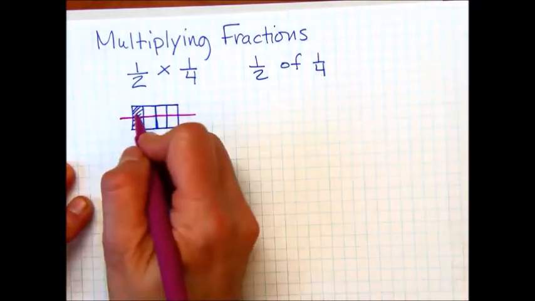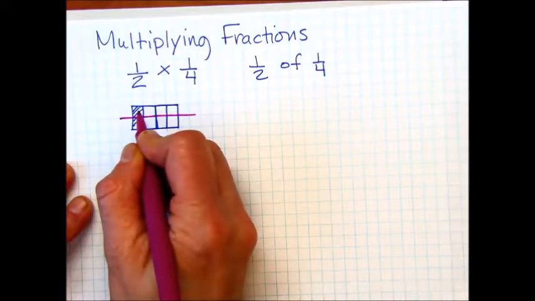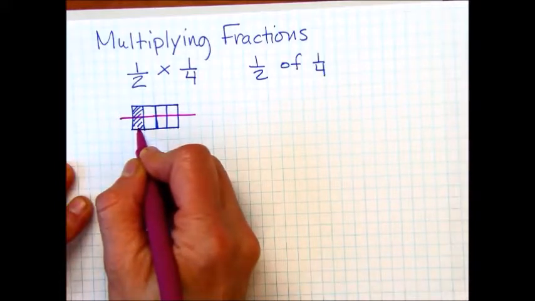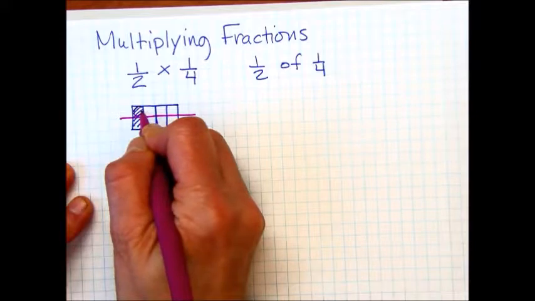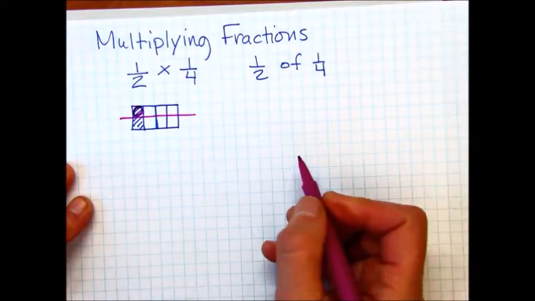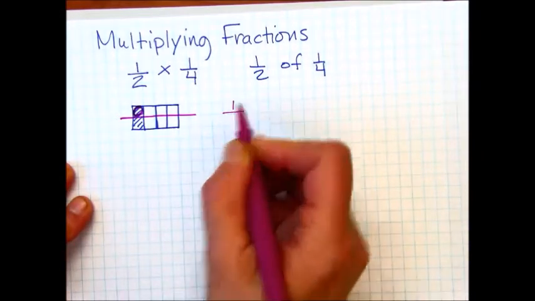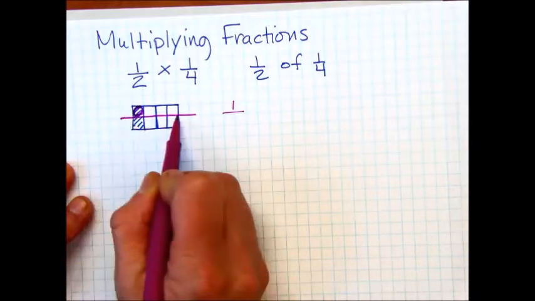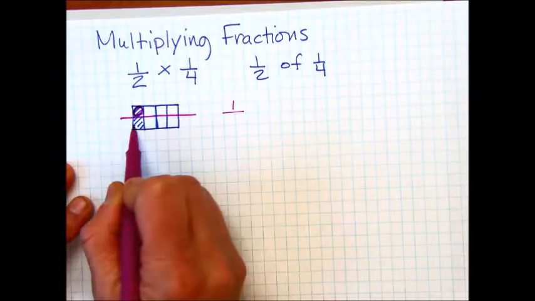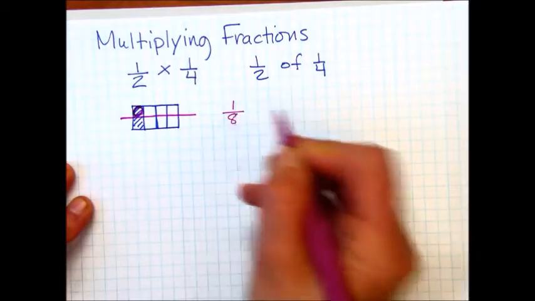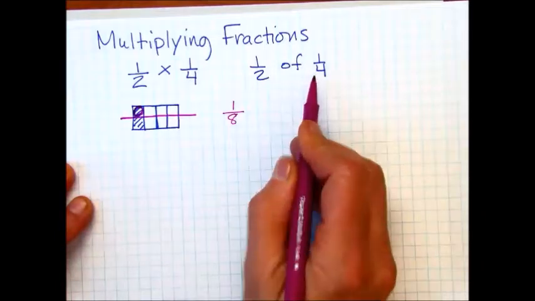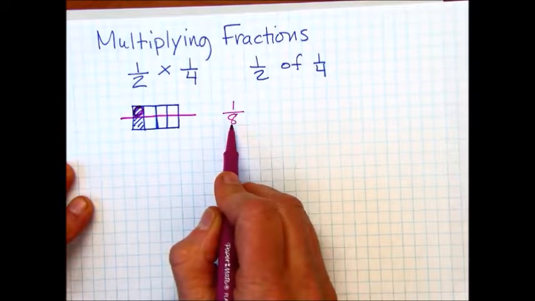Now I'm going to take, since this whole thing was 1/4, half of that is only going to include this top part here. Okay? So I have 1, but now since I've cut it in half, I have 8 equal parts. So 1/2 of 1/4 is going to be 1/8.